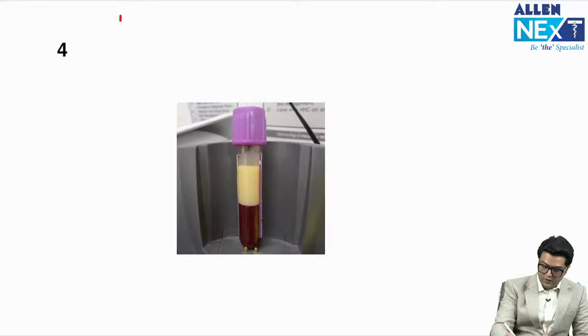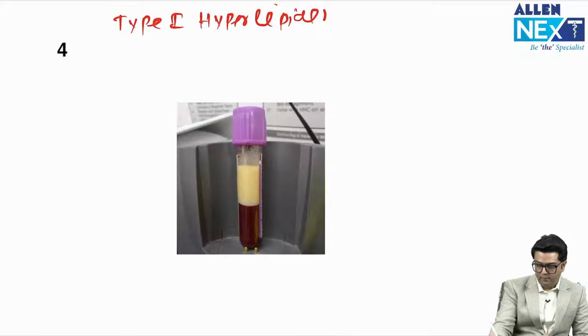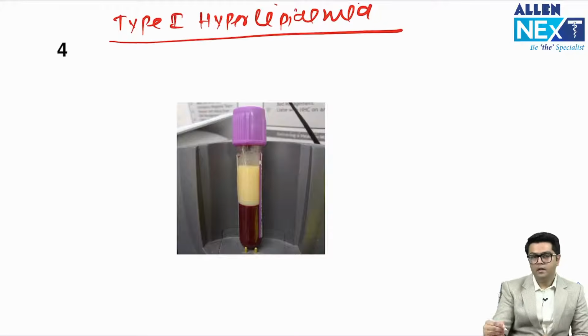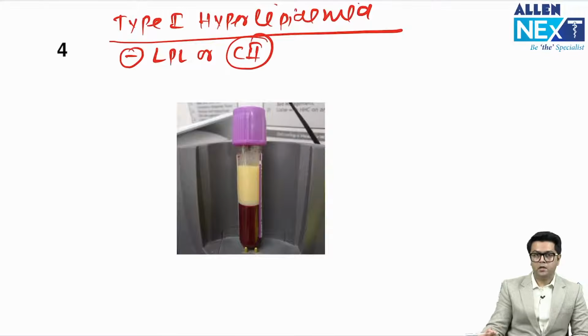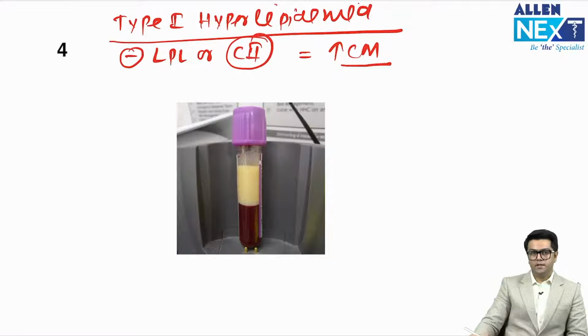So this is a case of type 1 hyperlipidemia. In type 1 hyperlipidemia, there is deficient LPL or ApoC2, and because of this, the chylomicrons are not degraded, so there is a high level of chylomicrons. So we can also call this condition hyperchylomicronemia.